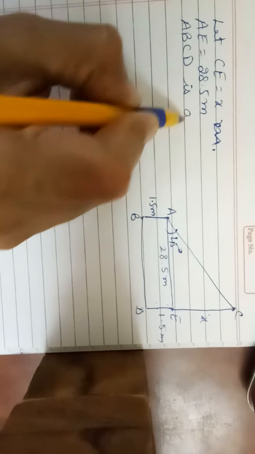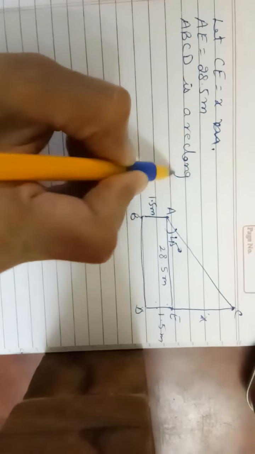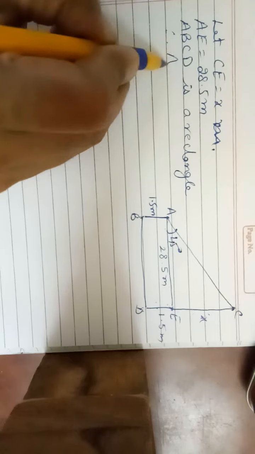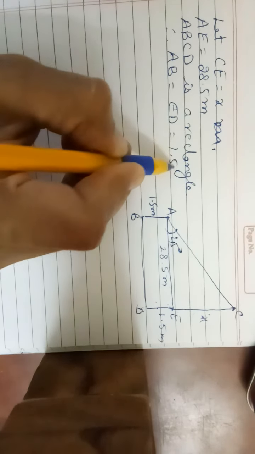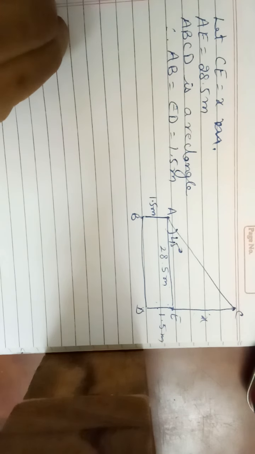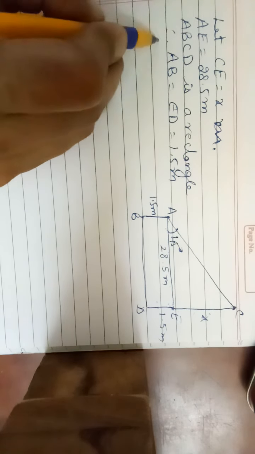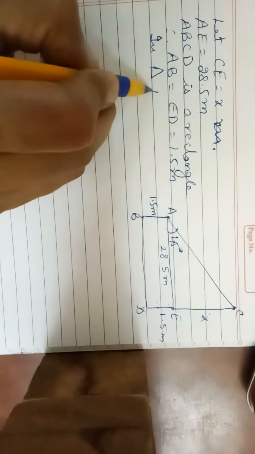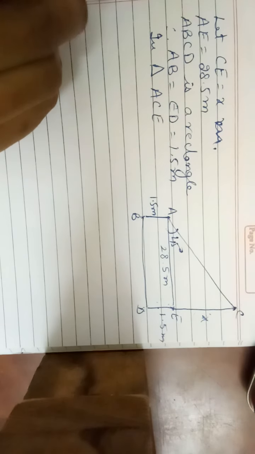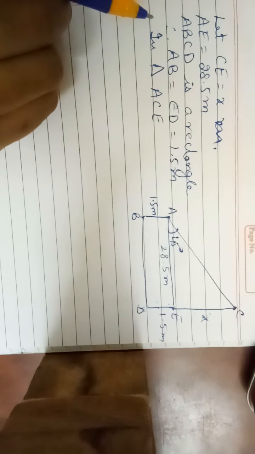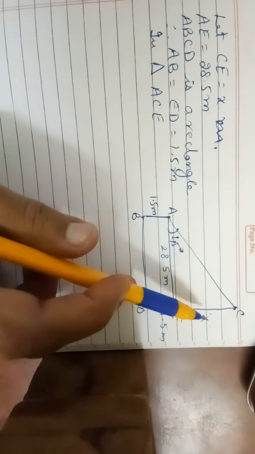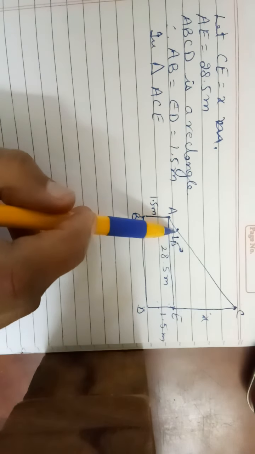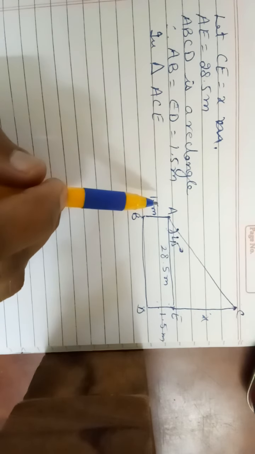ABCD is a rectangle, so AB is equal to ED, which is equal to 1.5 meters. Now in triangle ACE, by which trigonometric ratio do we solve this? Something by something is equal to something, 45 degrees.